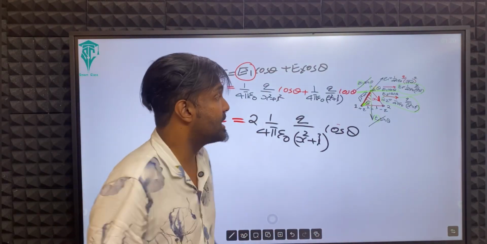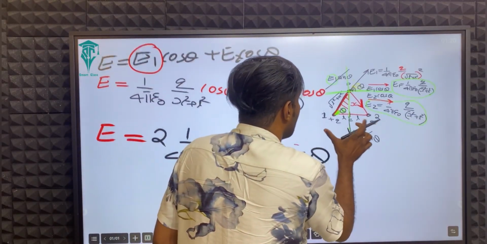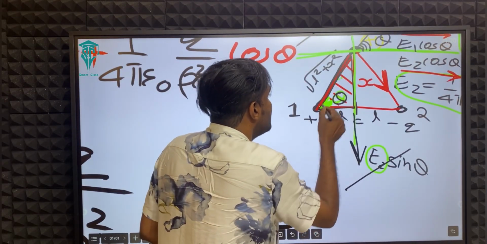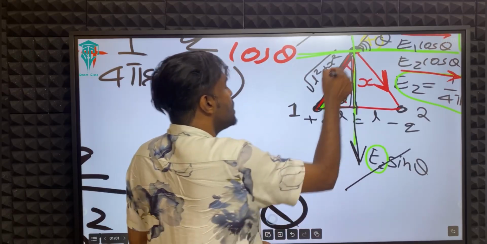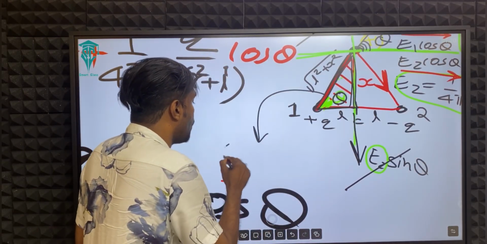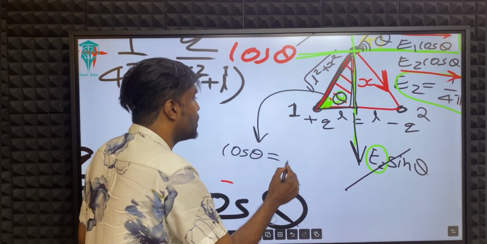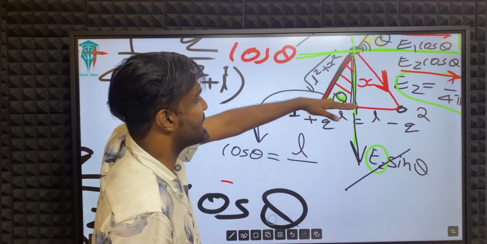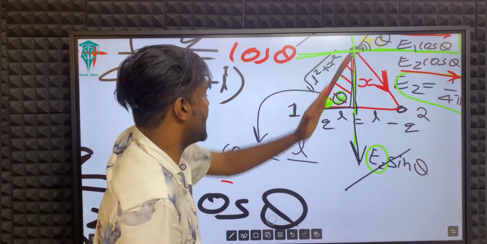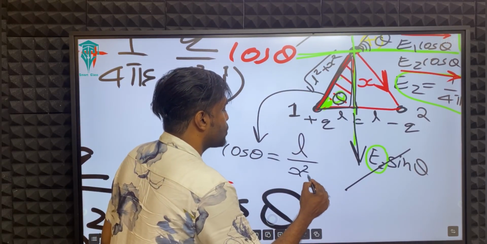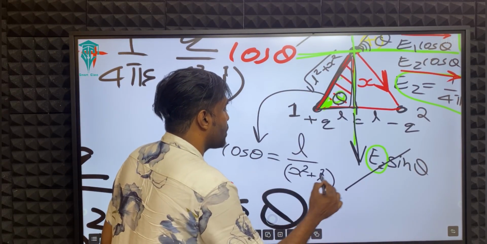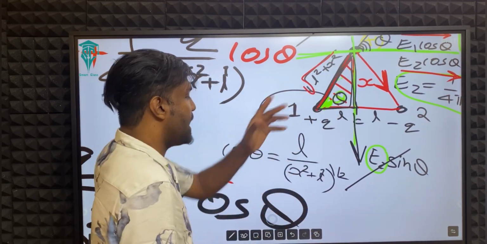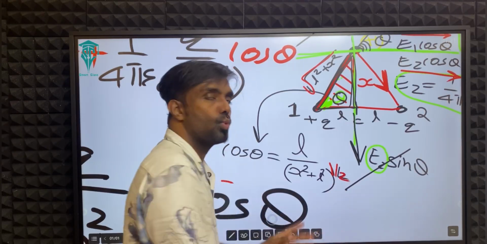What is the next thing? From this triangle, please find cos theta. Cos theta is equal to adjacent side by hypotenuse. Hypotenuse is x square plus L square the whole raised to 1 by 2. Instead of root, I just put it as raised to 1 by 2.